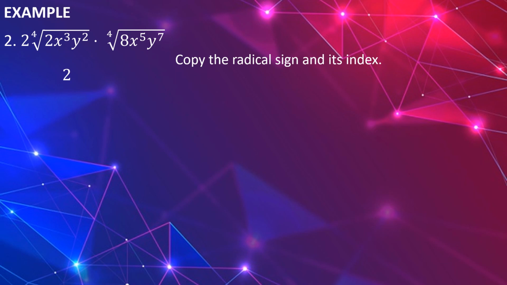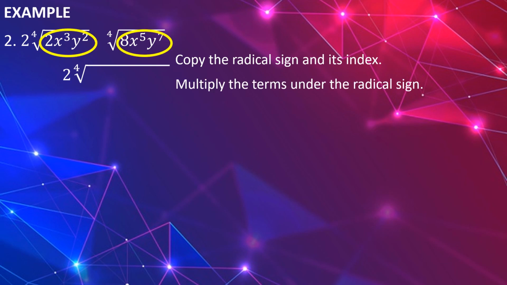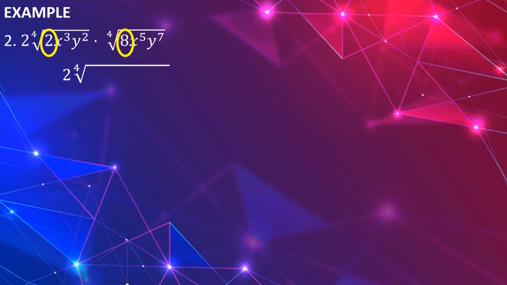We copy the radical sign and its index, and it is read as fourth root. Now we are going to multiply the terms under the radical sign. 2 times 8 is equal to 16. x raised to 3 times x raised to 5 is equal to x raised to 8. y squared times y raised to 7 is equal to y raised to 9.